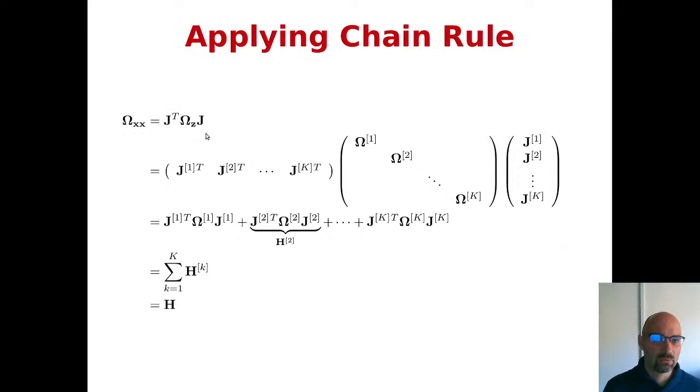Now, if I do this product, this will be equal to this object multiplied by this, summed with this object multiplied by this, and so on and so forth. So this is equal to the sum of all the tiny little H matrices that we were finding in our least squares. But what is this sum? Well, this sum is nothing else than the H matrix that is calculated by least squares.